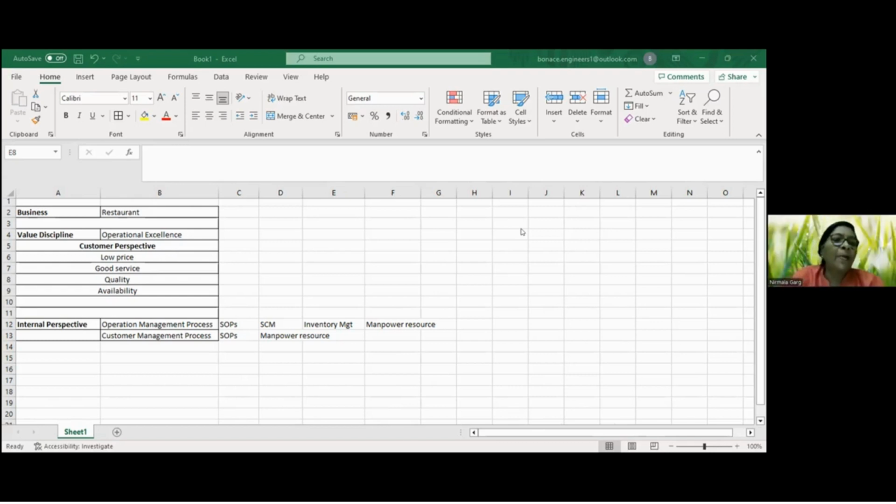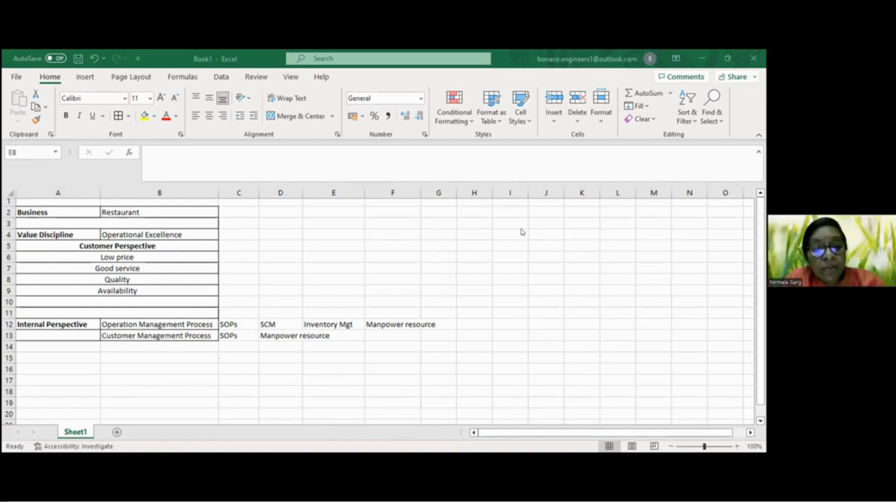The discipline we have taken is operational excellence. Under the customer perspective, the attributes we are looking to add are low price, good service, quality, and availability. Okay.